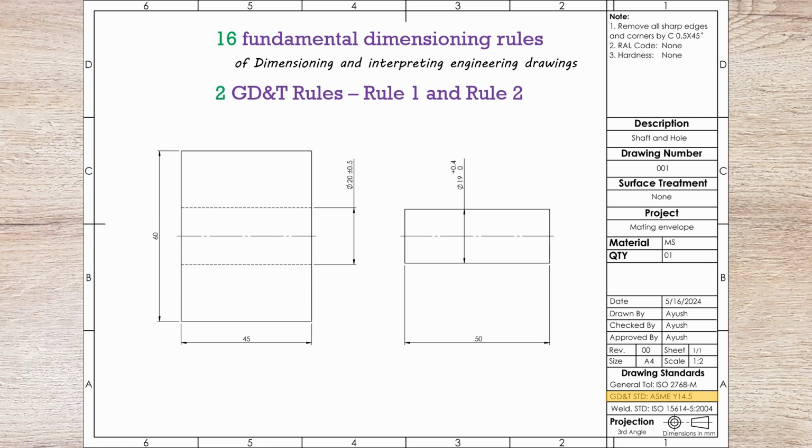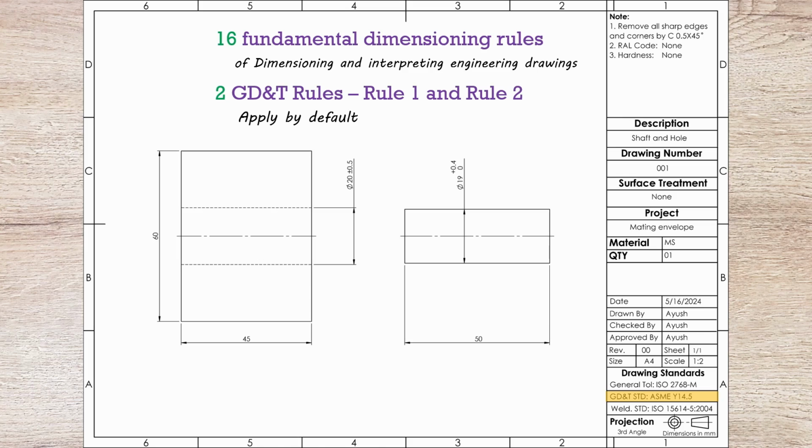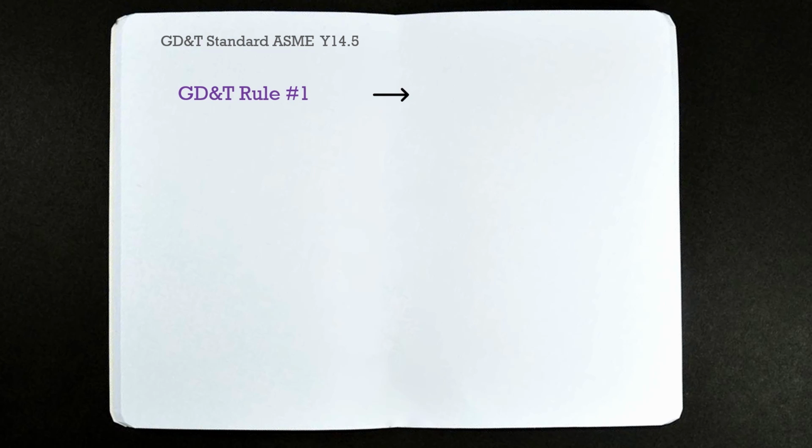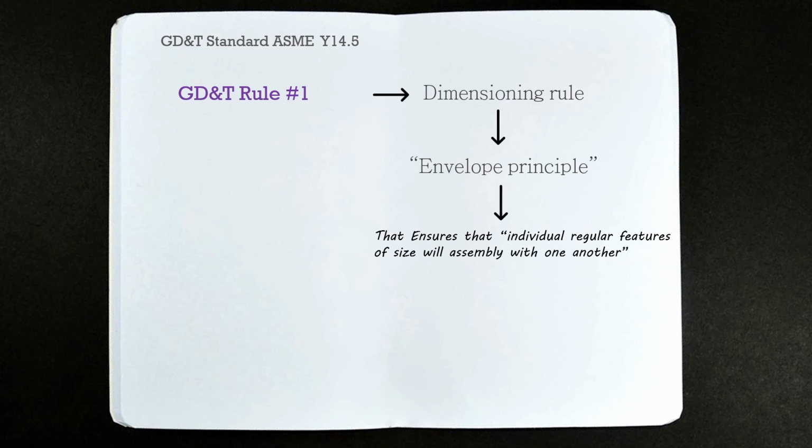Plus 2 GD&T rules, Rule 1 and Rule 2, apply by default until we override Rule 1 and Rule 2. And GD&T Rule 1 is a dimensioning rule referred to as the envelope principle that ensures that individual regular features of size will assemble with one another.